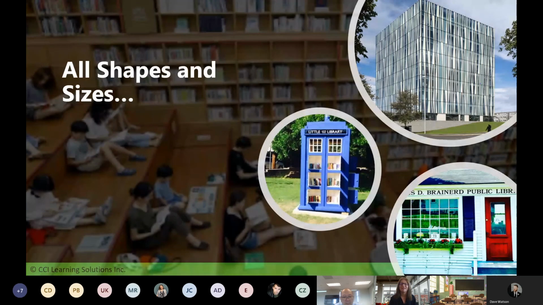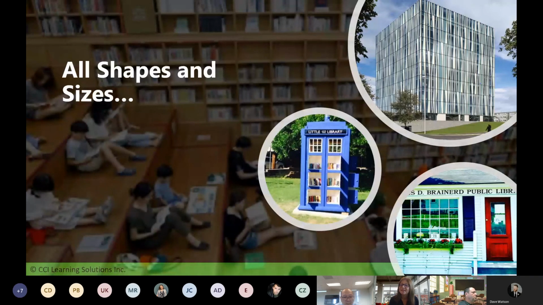Next slide, please, Dave. So we know libraries come in all shapes and sizes. Whether it's the Doctor Who style box in the middle, whether it's the quaint rural library serving a very, very small population, or whether it's the zebra-striped building, powerful and architecturally strong.